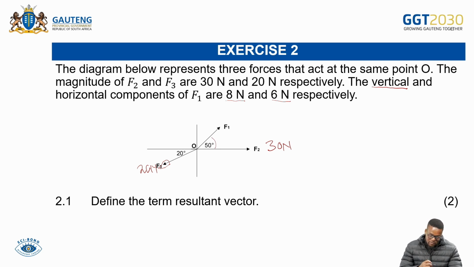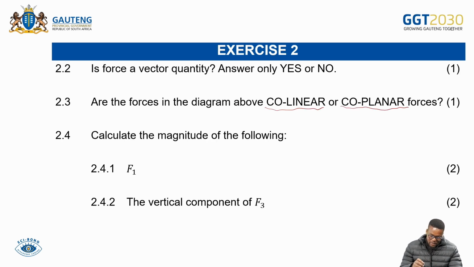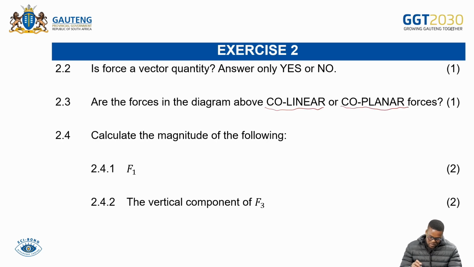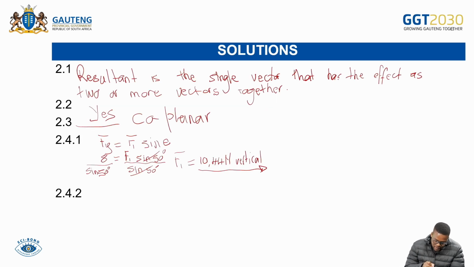The vertical component of F3 will be in this direction. So the angle here is 70 degrees, right? So Fy is equal to F3 sine theta.